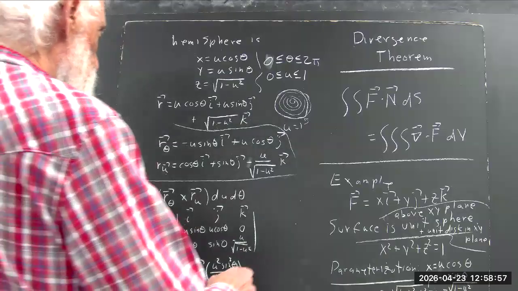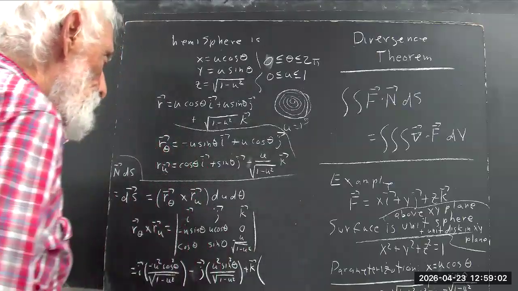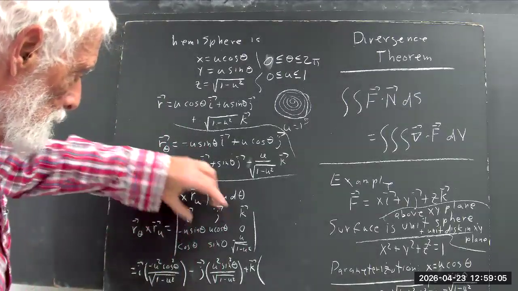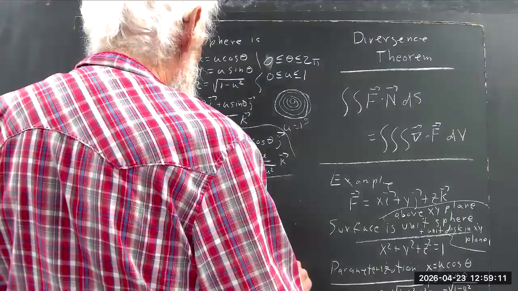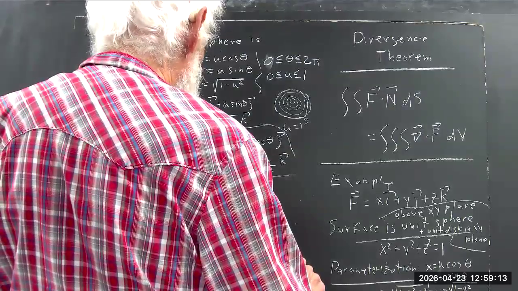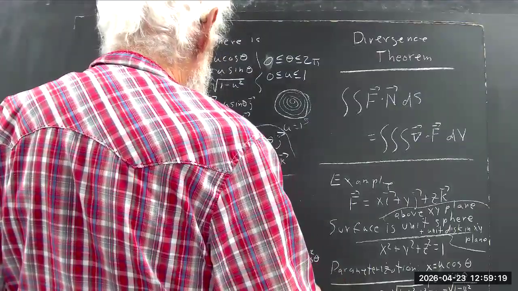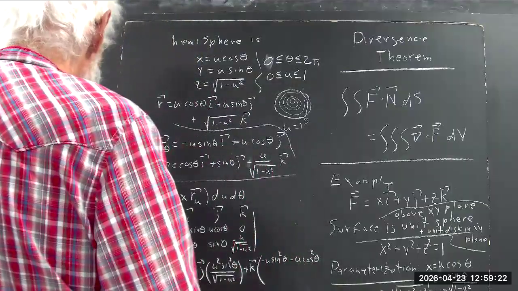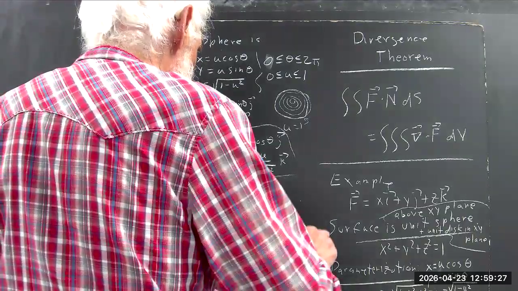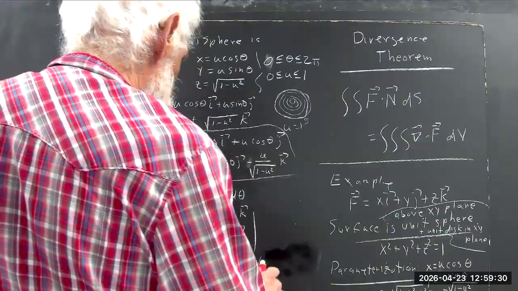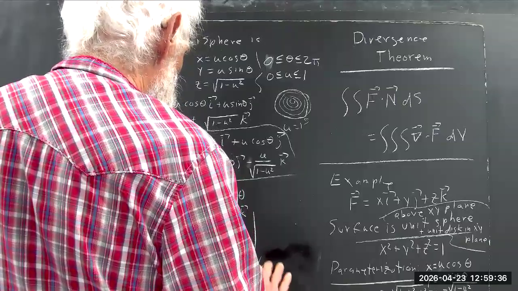Okay, then it's going to be plus k multiplied by the determinant of this minor, which is negative u sine squared theta minus u cosine squared theta, and there's no denominator. So let me rewrite it.